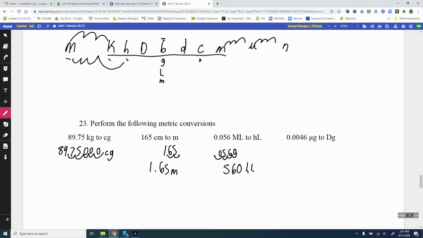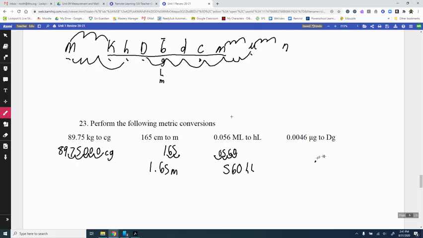Okay, so last one. We have micrograms to decagrams. First we find micro right there. Next we find deca right there. So we go 1, 2, 3, 4, 5, 6, 7 places, and we're moving to the left.